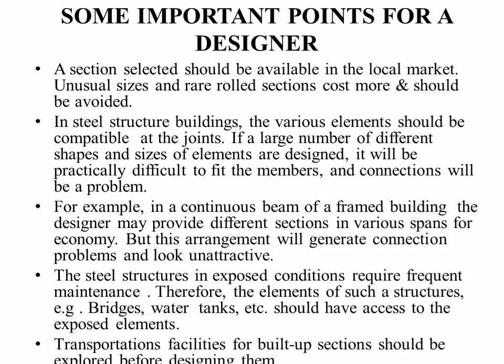That is a very good thing. Then third one, in a continuous beam of a framed building, the designer may provide different sections in various spans for economy, but this arrangement will generate connection problems and look unattractive. That is what I have said.